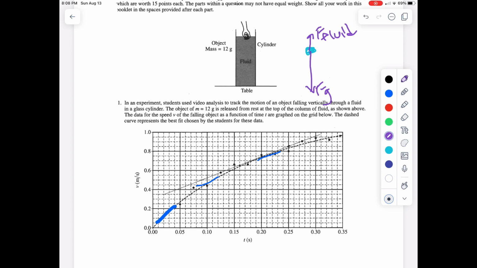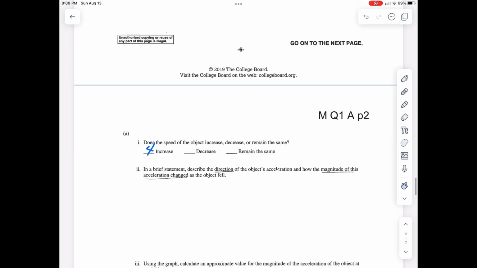But in this question, they're looking for you to say down. So I'm going to say down for that part. And if we're talking about how the magnitude of the acceleration is changing as the object falls, we know that our acceleration is going to be decreasing. Because in a vacuum on Earth, the acceleration due to gravity is negative 9.81 meters per second squared, or about that.